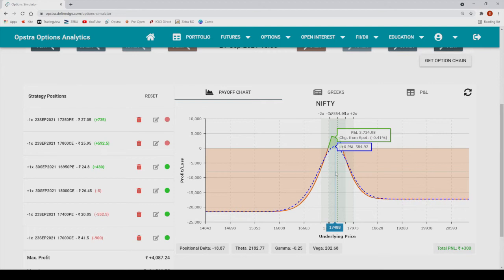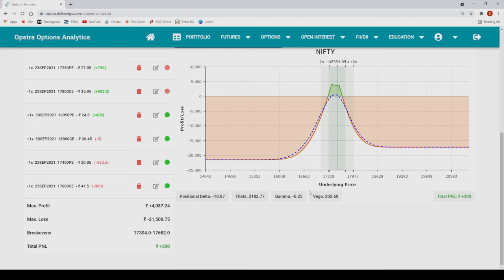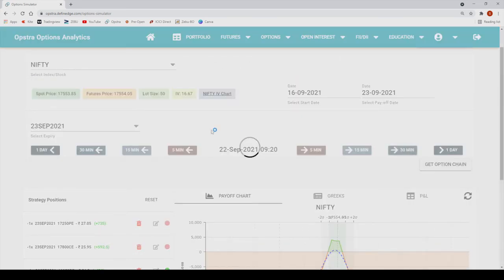If you keep on adjusting on both sides, our probability will reduce. So to avoid that, whenever the market goes in one direction and comes back, we need to close the strategy. For video purposes I am going to continue, so we will go forward.